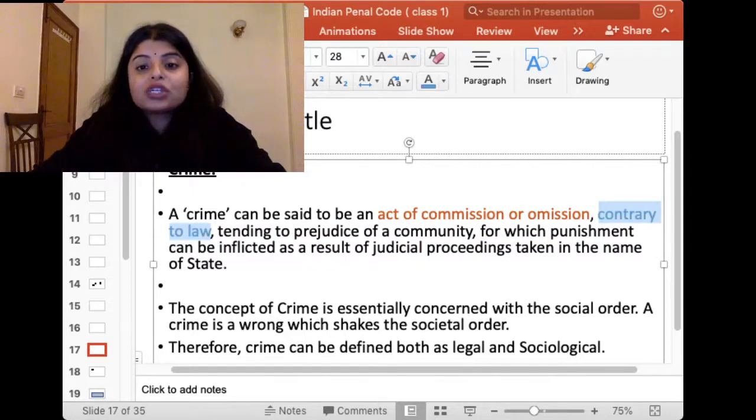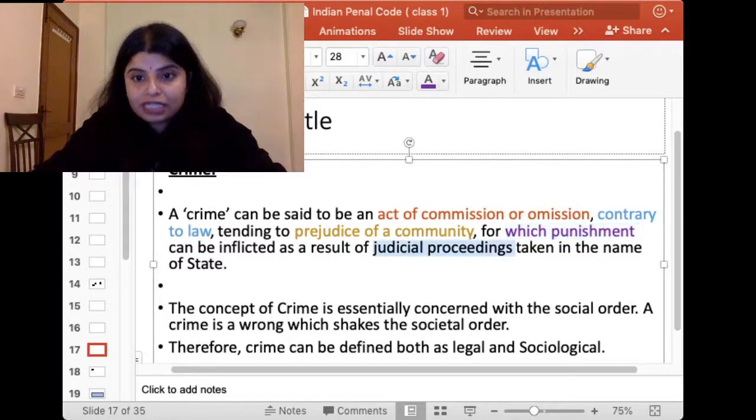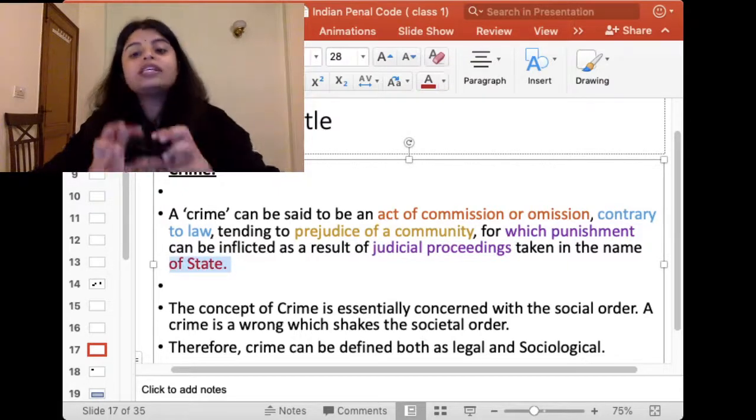Tending to prejudice a community. This is the third part, which is important. So we break it in such a way. For which punishment can be inflicted. It talks about punishment here. As a result of judicial proceedings. The judicial proceedings are taken in the name of the state. Now these are the important parts.